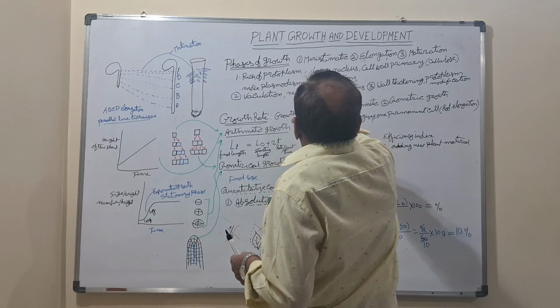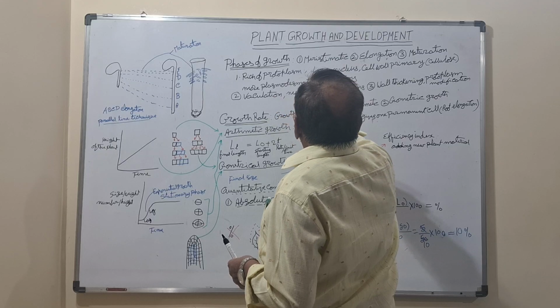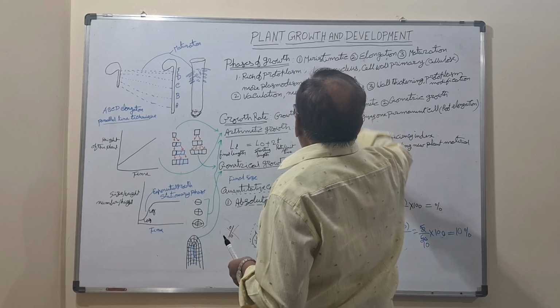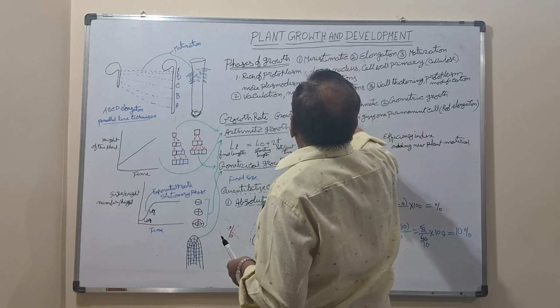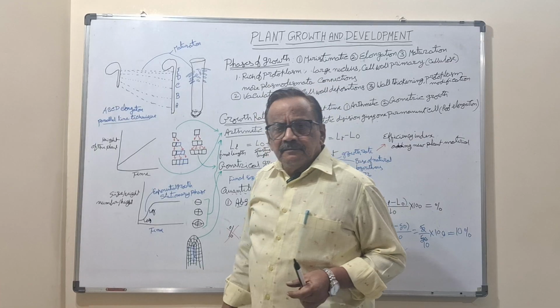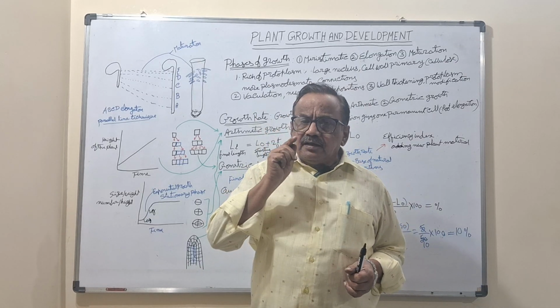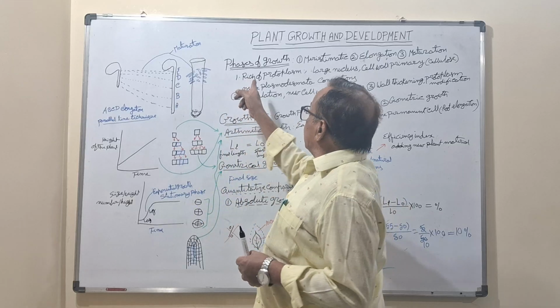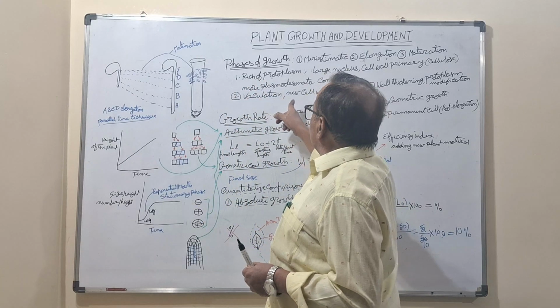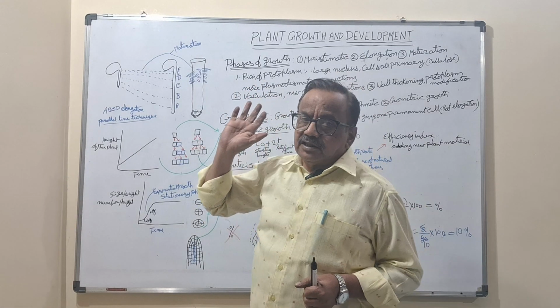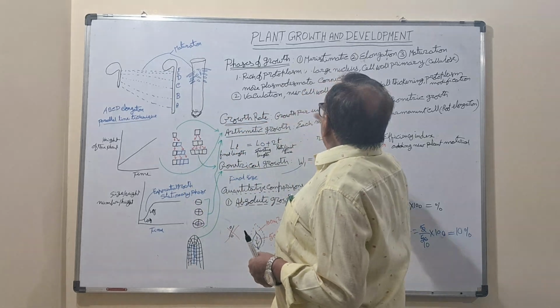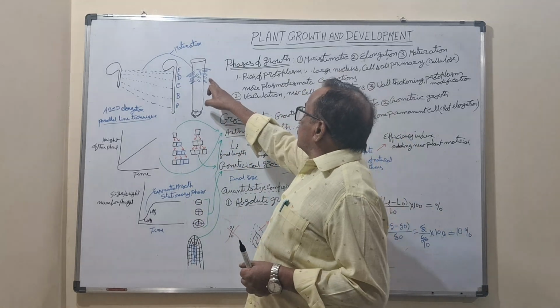Next, here vacuolation and new wall depositions. New cell wall depositions means here the hemicellulose and pectin, what I told. Here it will be less, but here they will be more. That is the thing. And next, it will go to the maturation zone.